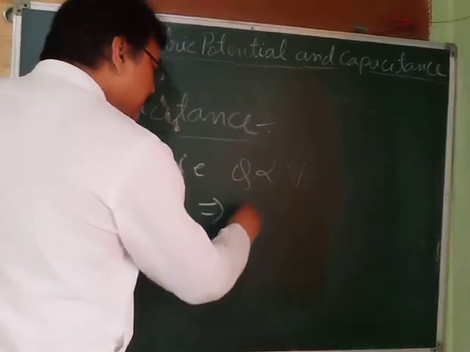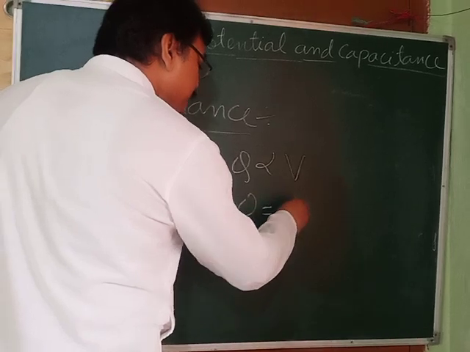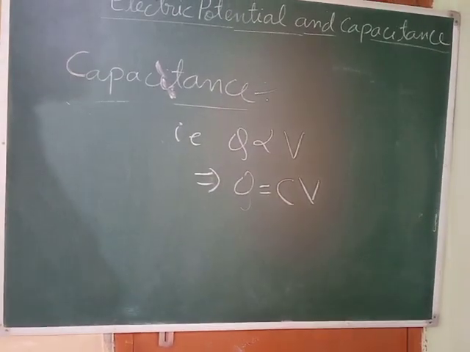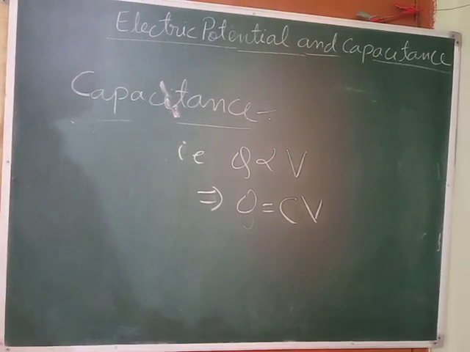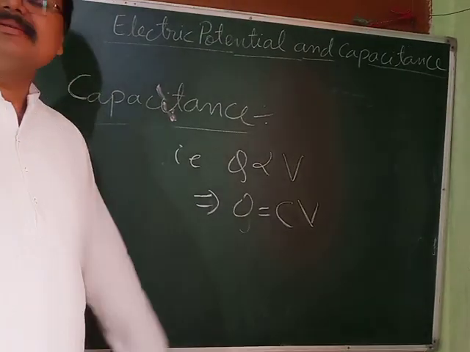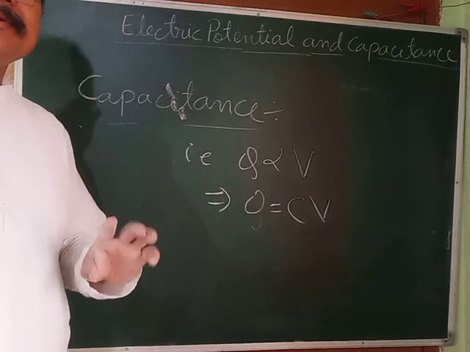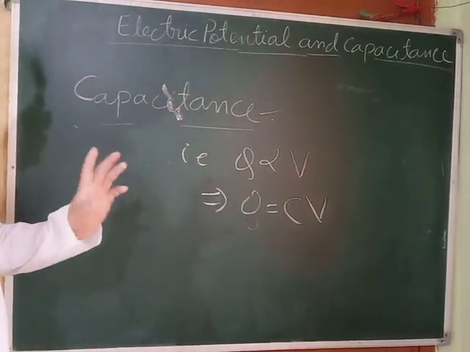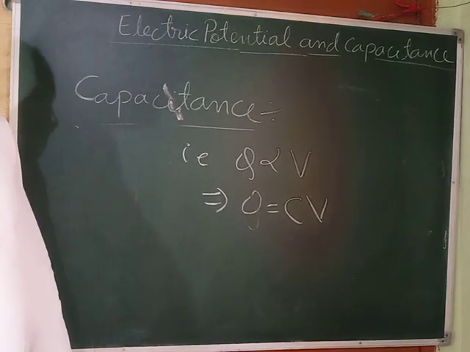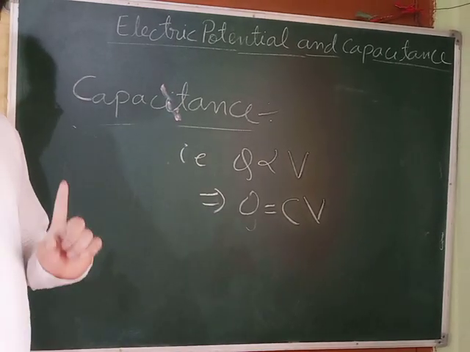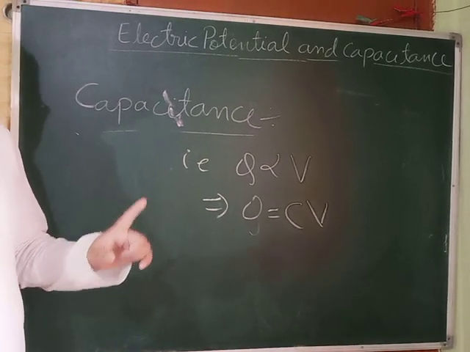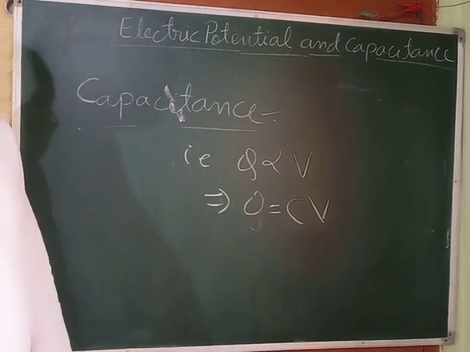This implies that Q is equal to CV, where C is the proportionality constant, known as the capacitance of the conductor or device. Okay. Full stop.